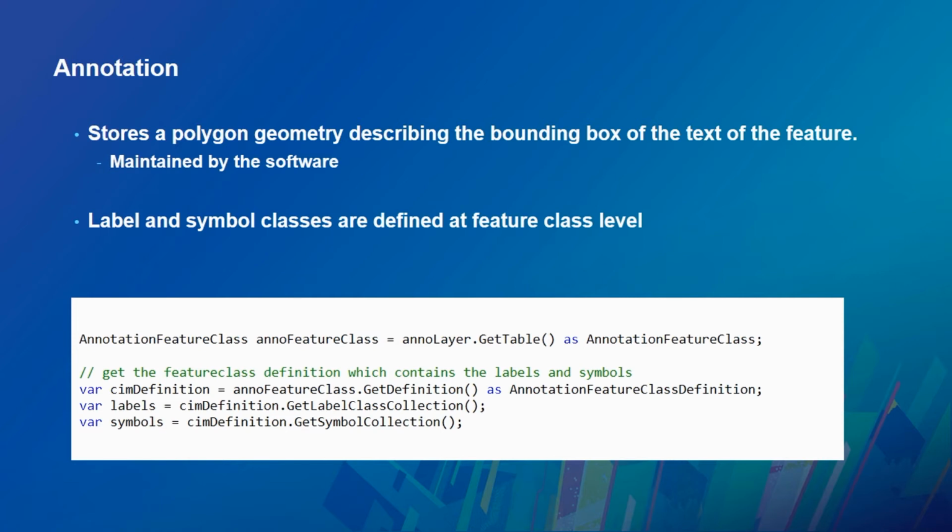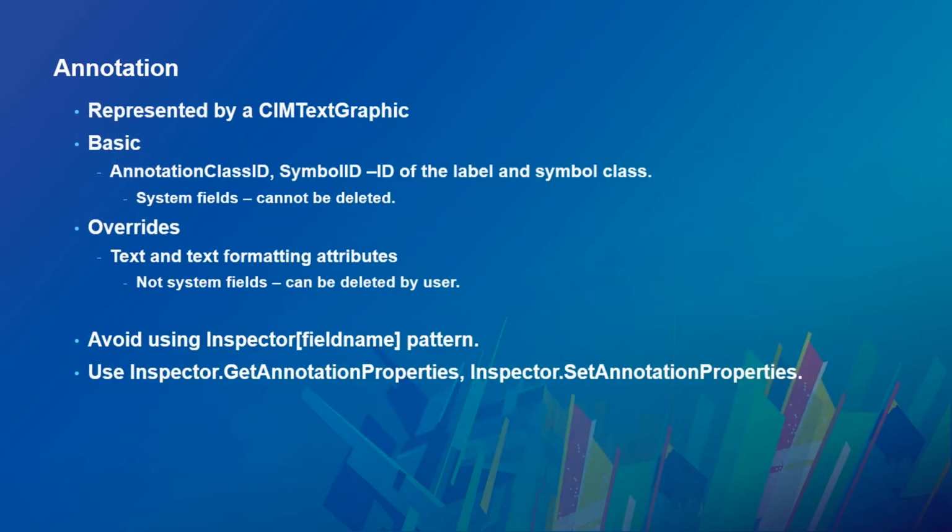And the label class and the symbol class is what is used for symbolizing the actual annotation features. The basic feature is represented by an annotation class ID and a symbol ID field at the feature class. And these are actually system fields, meaning that they can't be deleted by the user.